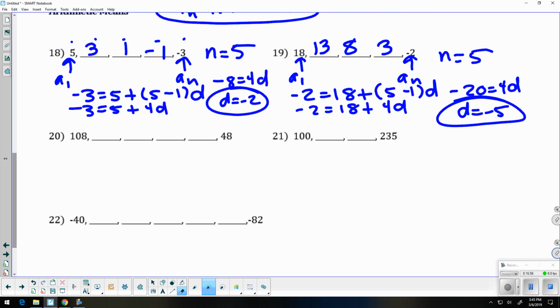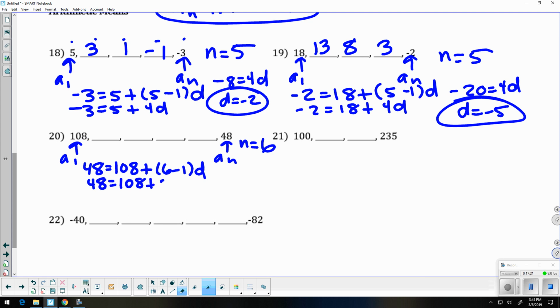Okay, number 20, same idea. We have a sub 1 and a sub n. How many terms this time? There are 4 blanks and then 2 additional numbers, so that makes 6 altogether. So we'd have 48 equals 108 plus 6 minus 1 times D. Solving for D, we'd have 48 equals 108 plus 5D.